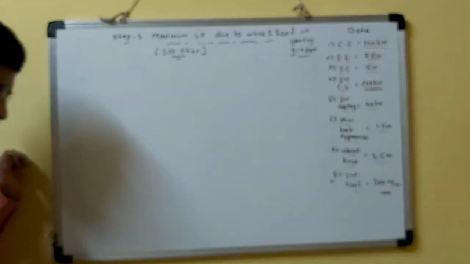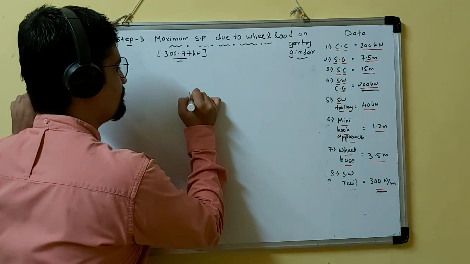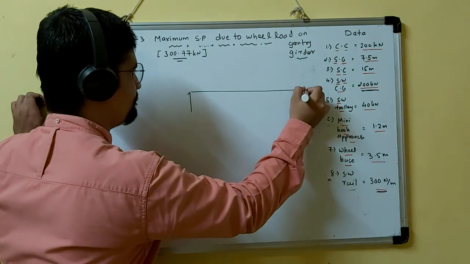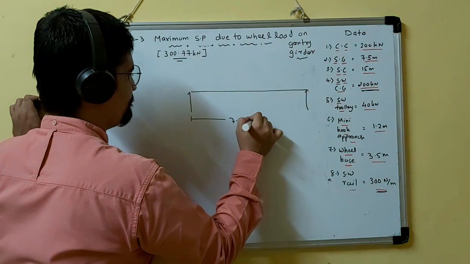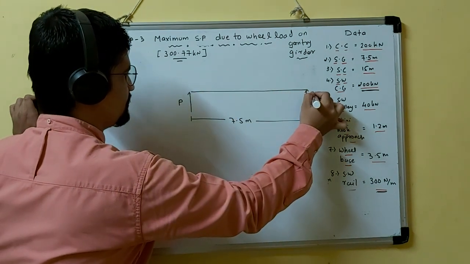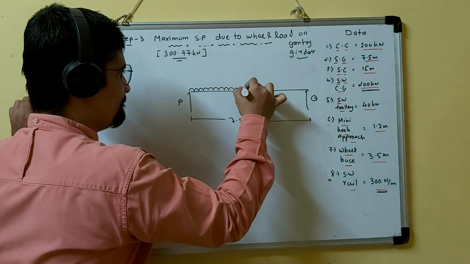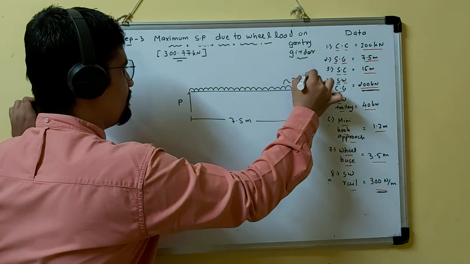It is easy to understand. This is our figure. This is 7.5 meter. This I will consider P. This I will consider Q. This is the UDL we have calculated, it is 2.85.